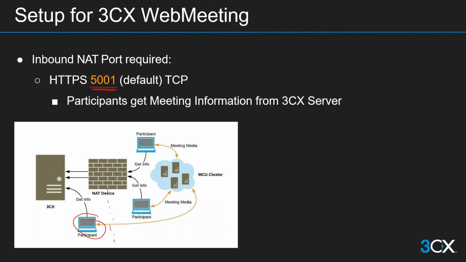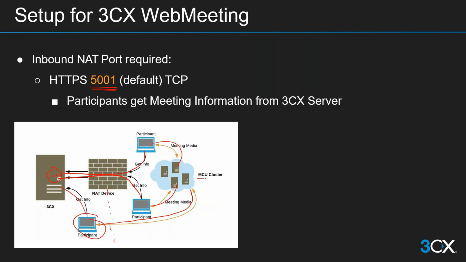Now, they connect to the PBX using 5001 or HTTPS port, whatever port is used, to get the meeting info. And once they have the meeting info, they literally go out there.